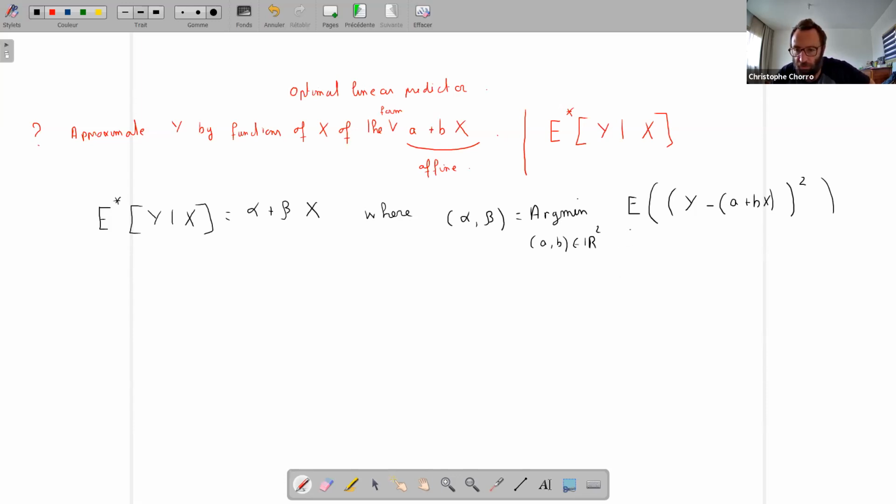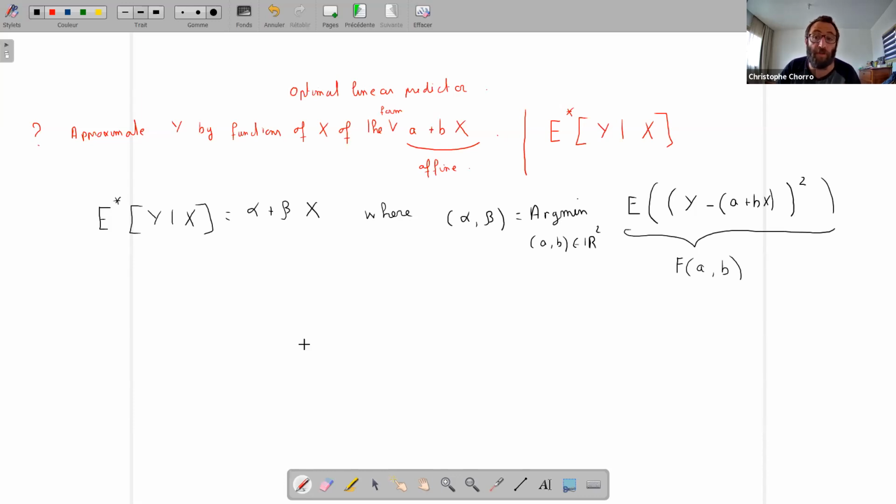Okay, and I can denote this one by a function depending on two variables. And what I want to do here is minimize a function depending on two variables.